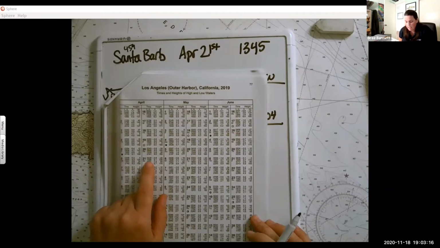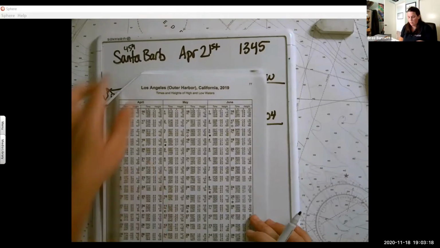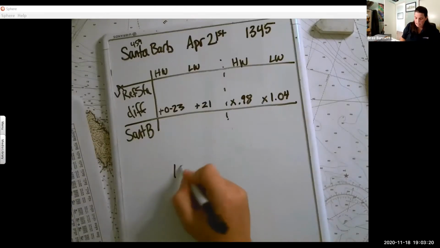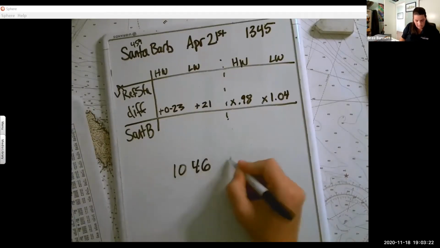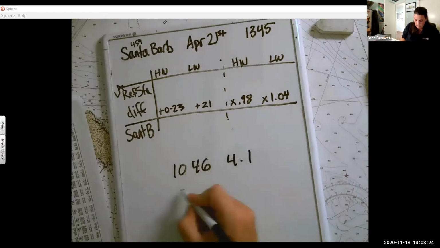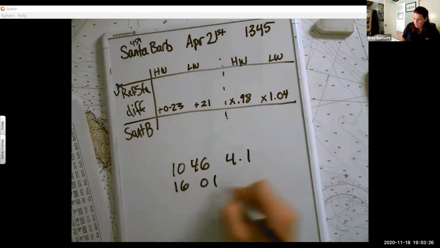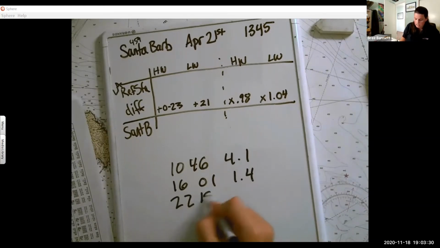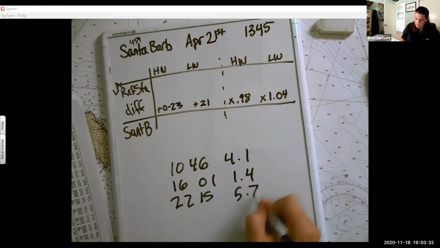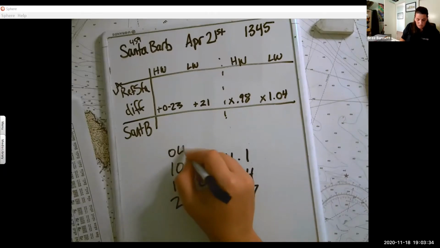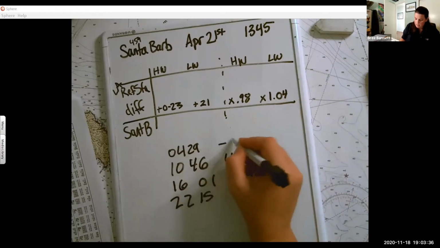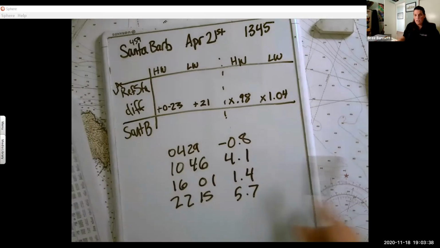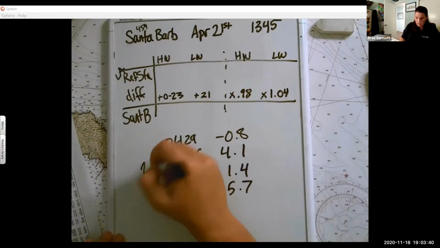So the first one, 10:46, I'm gonna write this here. 10:46 at 4.1, 16:01 at 1.4, 22:15 at 5.7, and 29 is negative 0.8. So that's what it looked like on the 21st.